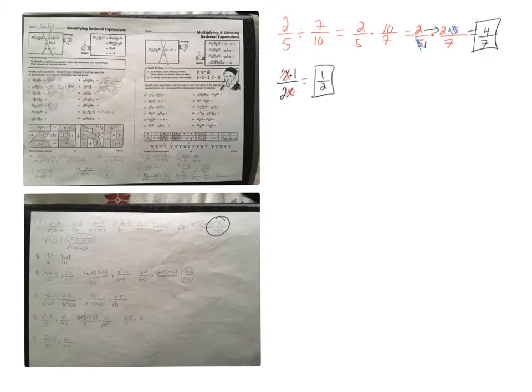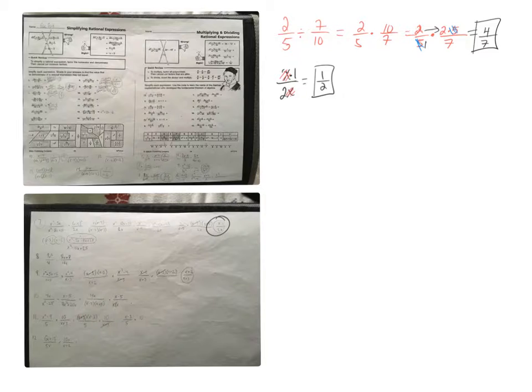Now for number 8 down here, looks like we've got 9x squared over 4 being multiplied by 8x plus 8 all over 18x. So the first thing we want to do is factor any expressions if possible. And I recognize that 8x plus 8 has a common factor of 8 in it.